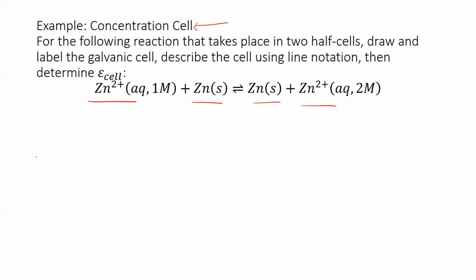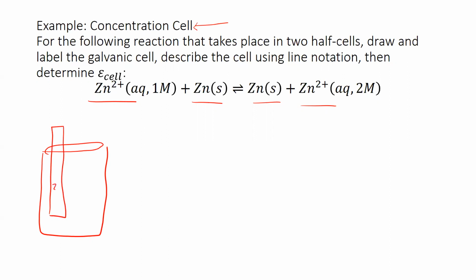So we could actually draw out a galvanic cell for this. Right, so you could have your compartments. So we'll have the anode compartment over here with your anode, where that anode here is zinc solid. There's your anode half cell.